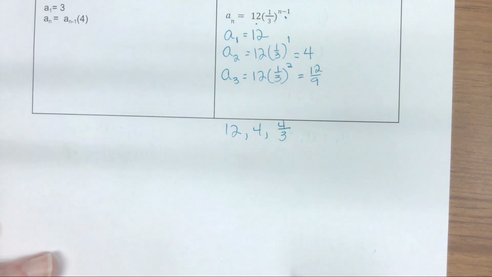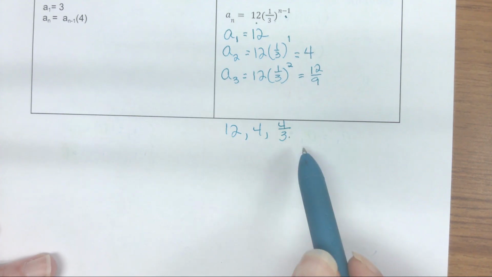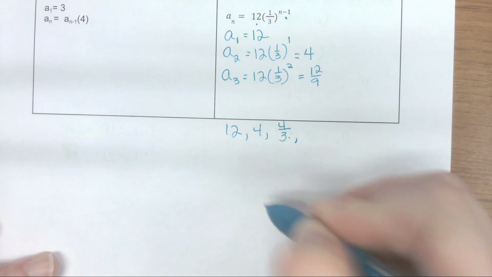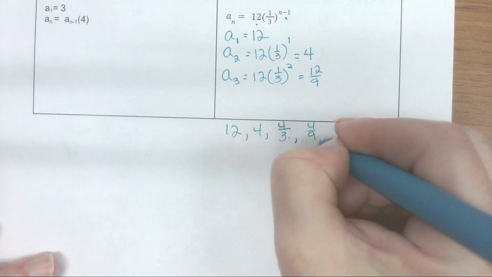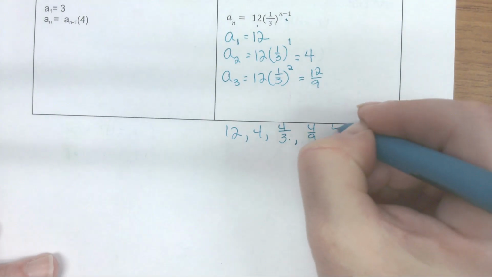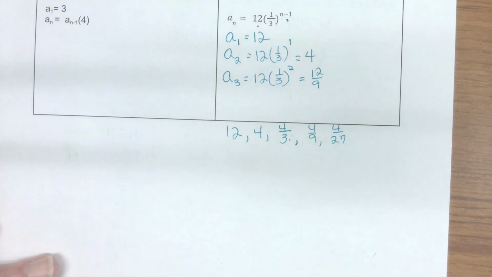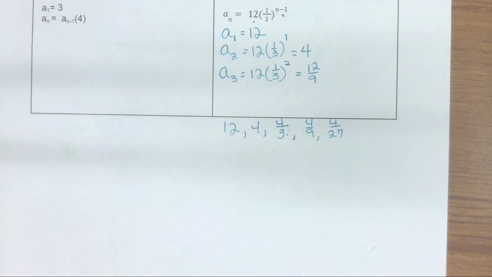What if you multiplied 4/3 times 1/3? What would you get? 4/9. And 4/9 times 1/3 would be 4/27. Okay.